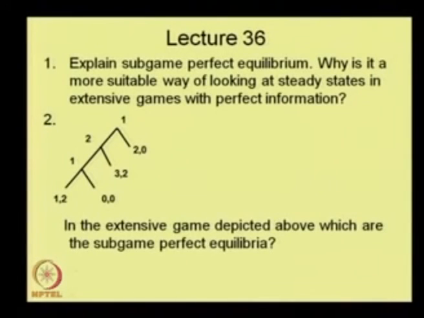Explain subgame perfect equilibrium. Why is it a more suitable way of looking at steady state in extensive games with perfect information?